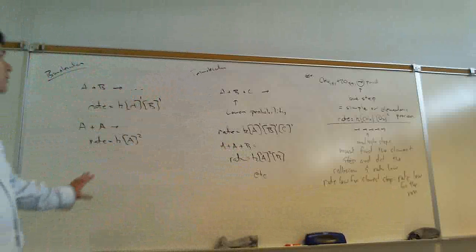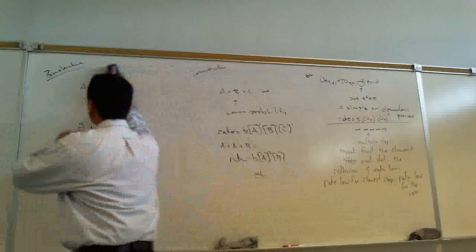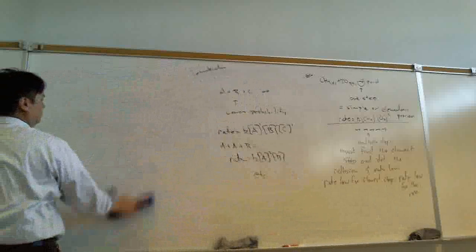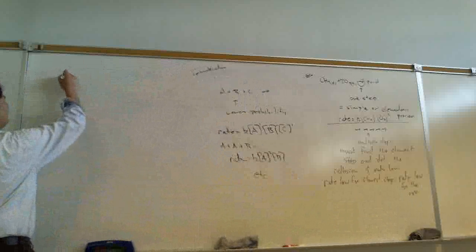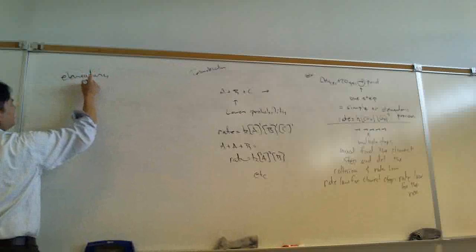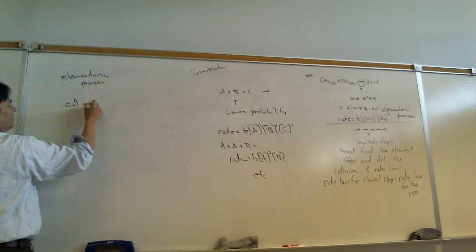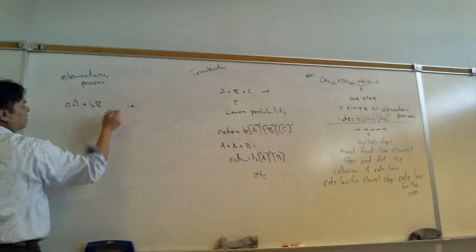Because if you notice, when we have an elementary process, like this, if this is an elementary process, then the rate law is a little bit different because the rate law is going to look like this. aA plus bB, dot, dot, dot, that goes to product.